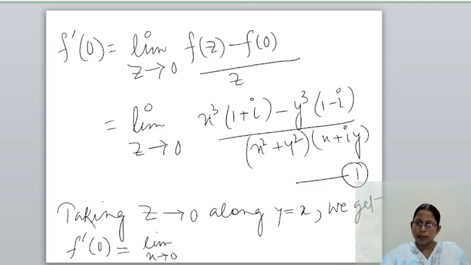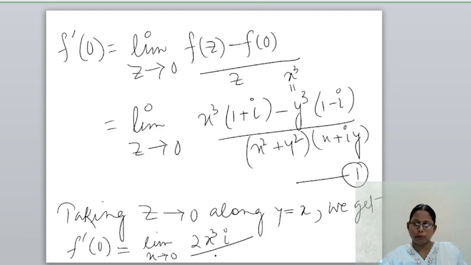If we take y cube equal to x cube, then y cube will become x cube. So x cube minus x cube will cancel out, and x cube plus x cube will be 2x cube i, divided by 2x square, that is, y equal to x, then this is x square, this is 2x square, and this will be x.